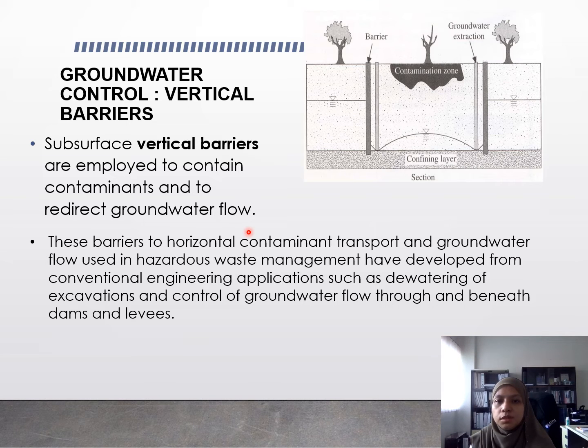This means we need to know which side the groundwater will flow. These barriers to horizontal contaminant transport and groundwater flow, used in hazardous waste management, have developed from conventional engineering applications such as dewatering of excavations and control of groundwater flow beneath dams and reefs.